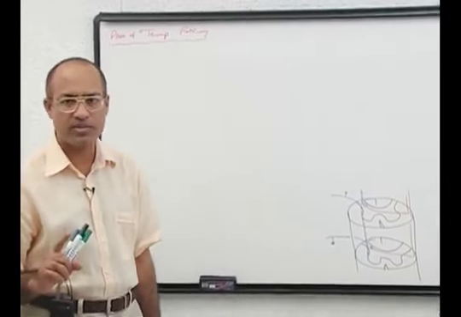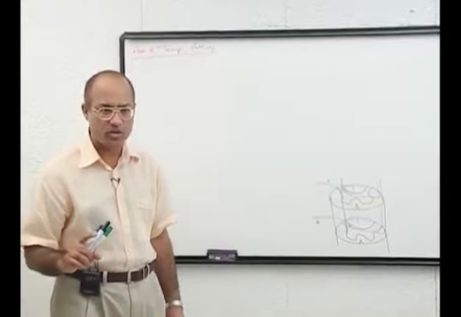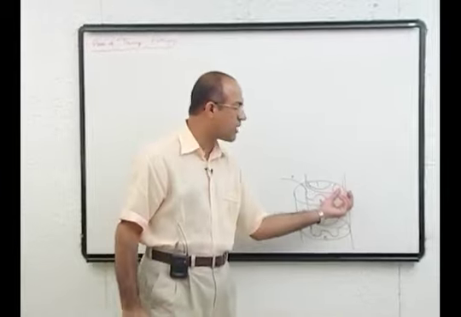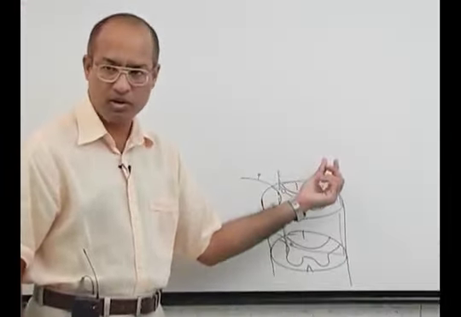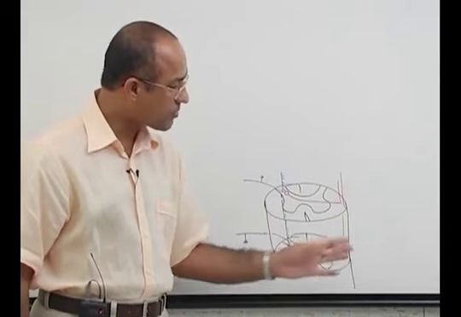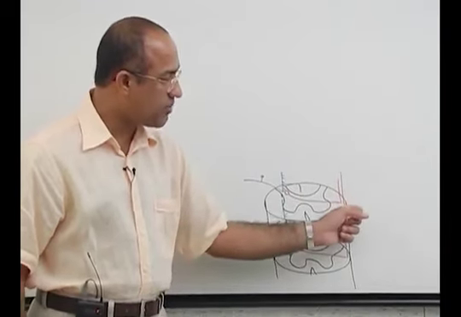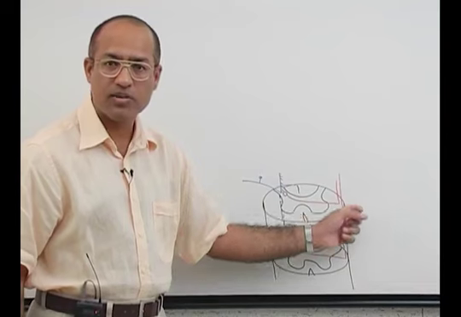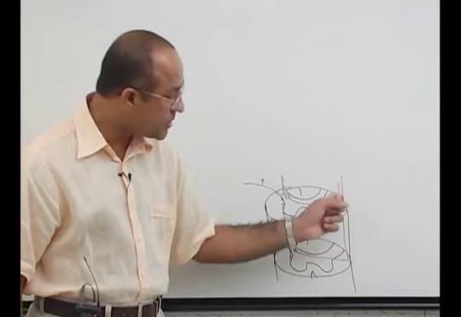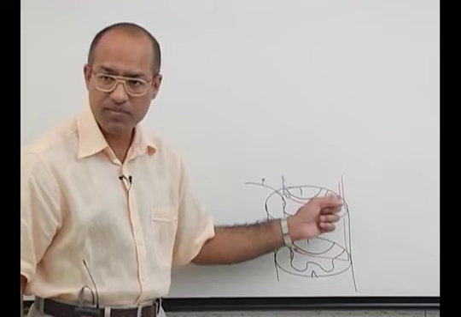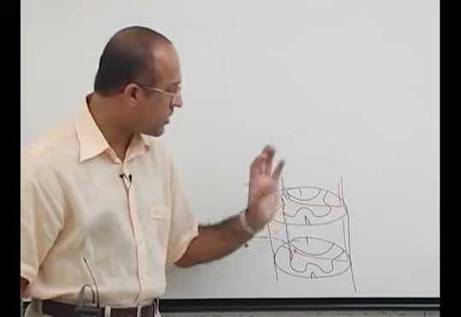And as this tract is going up in the spinal cord, you can say the peripheral part of the tract or outer part of the tract has fibers from the lower part of the body, and the medial side of the tract has fibers from the upper part of the body.